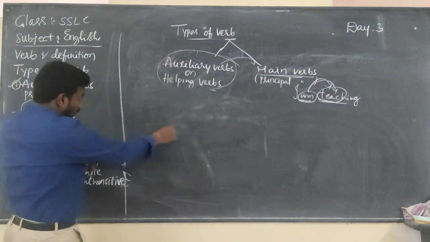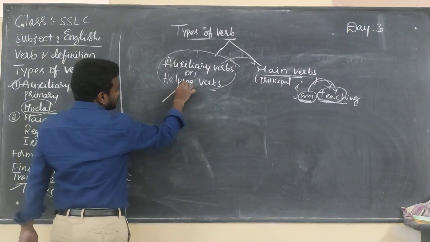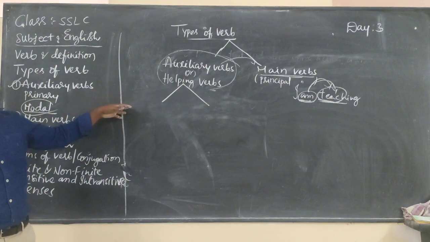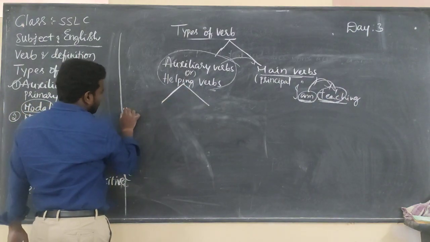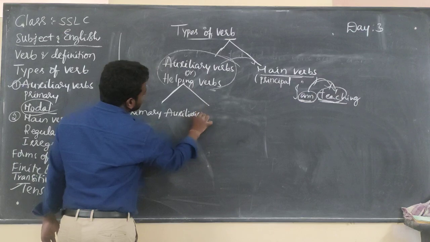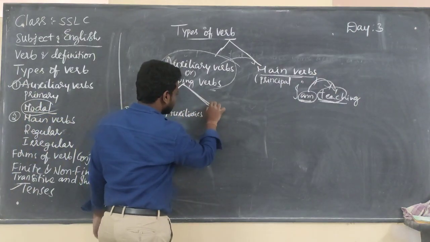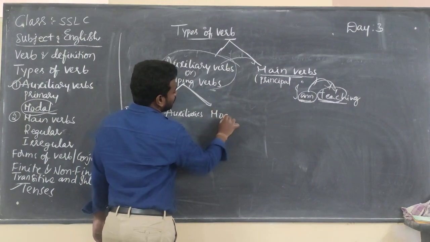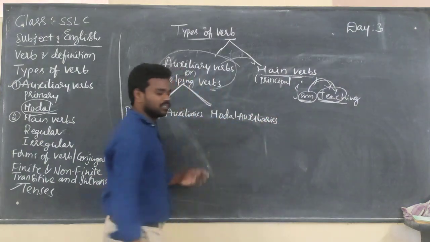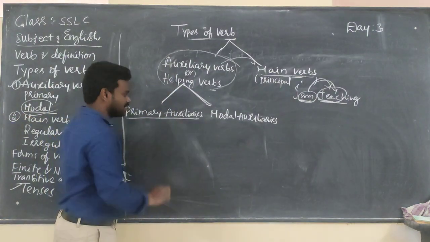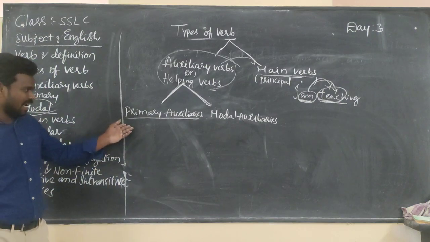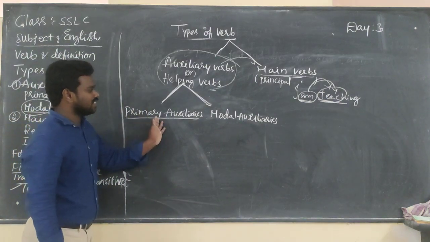Now let us see the different types of auxiliary verbs, classified into two. What are they? Primary auxiliaries and modal auxiliaries. So here auxiliary verbs can be classified again into two: primary auxiliaries and modal auxiliaries.